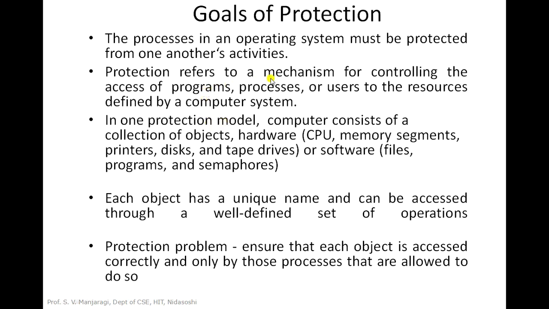Basically, protection refers to a mechanism for controlling the access of programs, processes or users to the resources defined by the computer system. In the protection model, a computer consists of a collection of objects. There are two kinds of objects we find in the computer system. First one is hardware, second one is software.